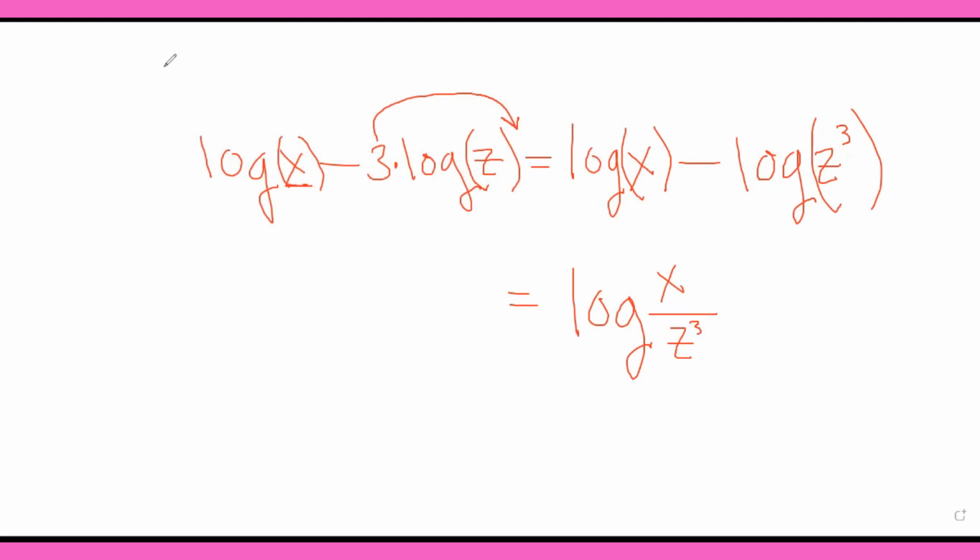So it makes more sense because if I had just written this, right, if the 3 is there and I try to condense, I kind of don't know what to do with the 3. I need the logs really by itself. So I wanted to move. They have to be the same base also. These aren't written here, but this would be a base 10. So if I just try to initially do it without moving the 3 to that power rule position, it's a little harder to think about because they don't look the same.